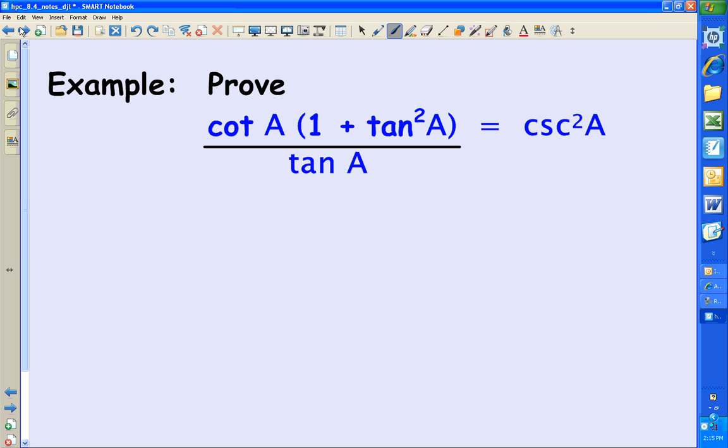Try not to change both sides. Pick a side and work on that side to try to make it look like the other side. In other words, this cosecant squared A, you're probably better off leaving that alone and just trying to get the left side to look like a cosecant squared.